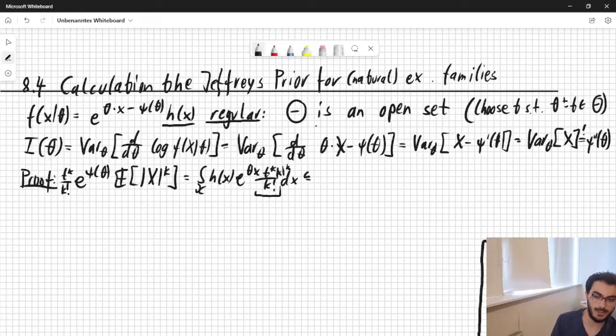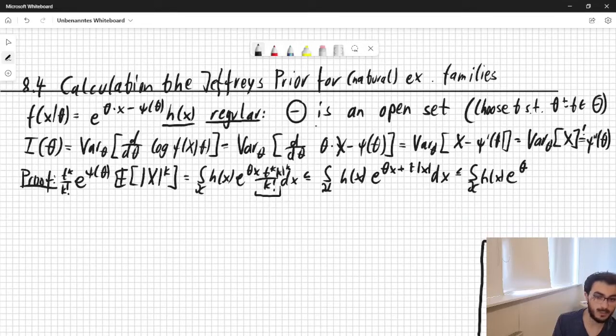So we can approximate this by just taking the whole power series and saying that this is smaller or equal to e to the power of theta x plus t times the absolute value of x. But then this is equal to h of x times e to the power of theta.